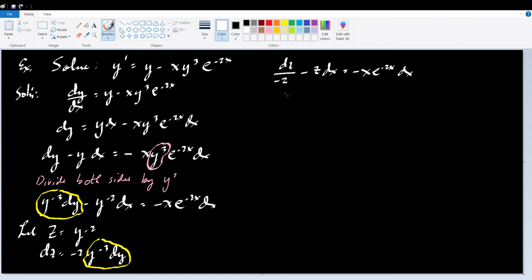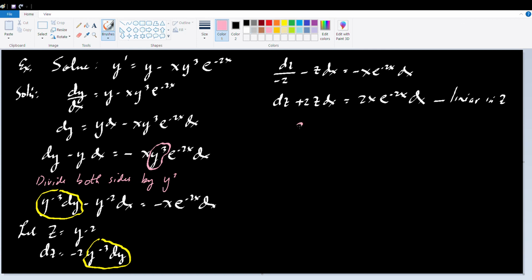Multiply everything by negative 2 will give us dz plus 2z dx equal to 2x e to the minus 2x dx. So this is now linear in the variable z.